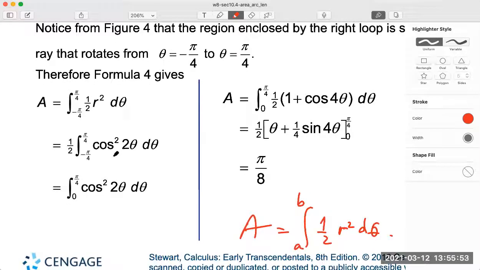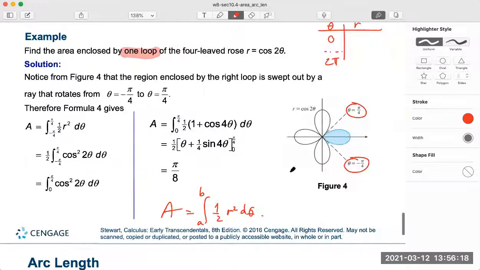Now it becomes a simple integration. And the cosine function here is cosine squared, so we can use the half angle formula to reduce the order of the cosine function. Okay, and it becomes this. But before doing this, look at the graph here.